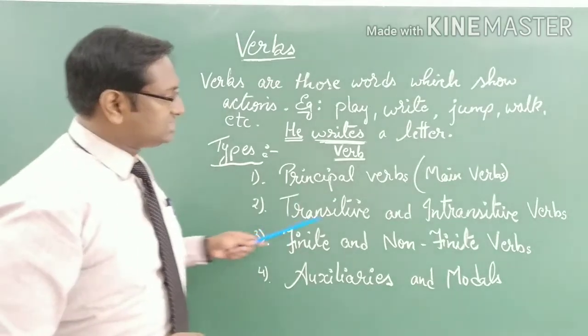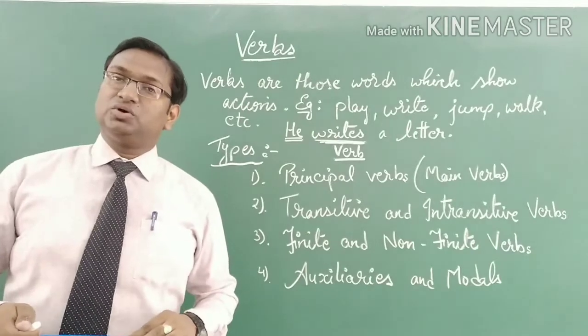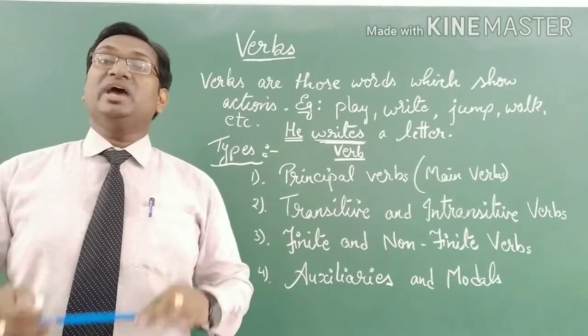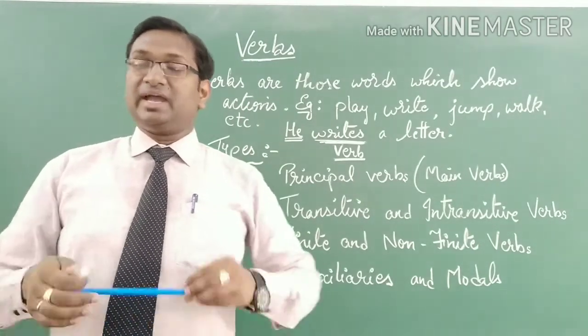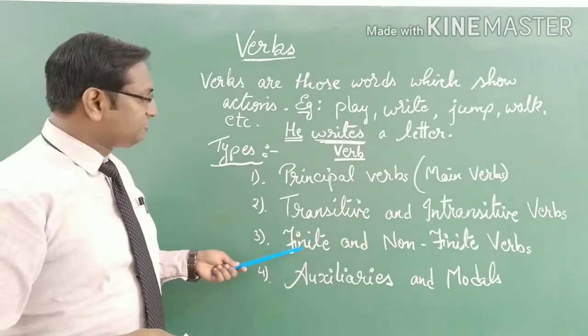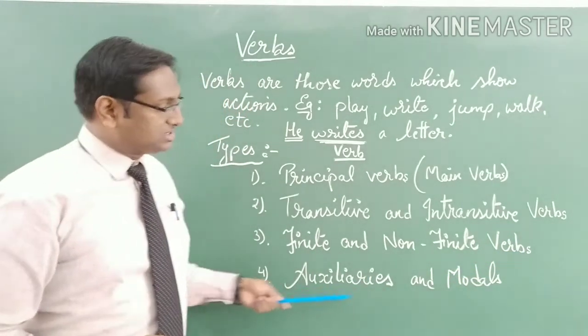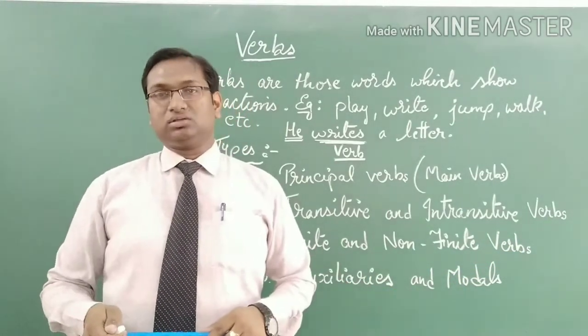Next, transitive and intransitive verbs. Transitive verbs are those verbs in which we have objects. Intransitive, no objects. Finite and non-finite verbs, and last, auxiliaries and modals.